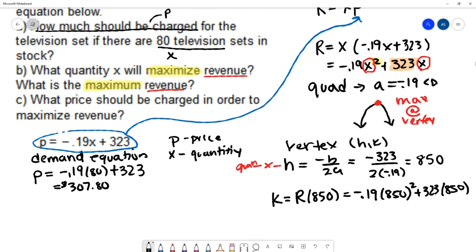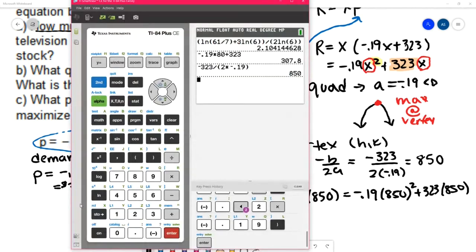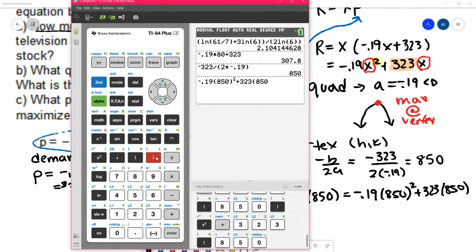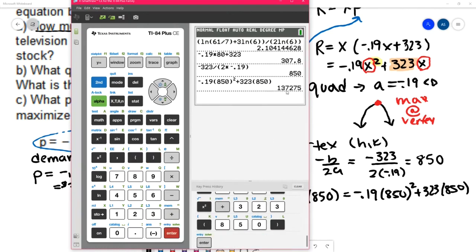We'll put that in the calculator as well. That will be negative 0.19 times 850 squared plus 323 times 850. And that's 137,275.